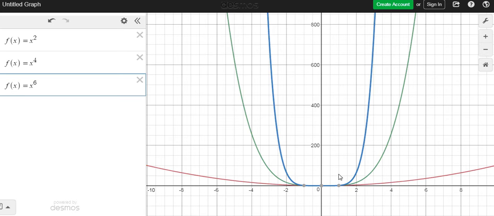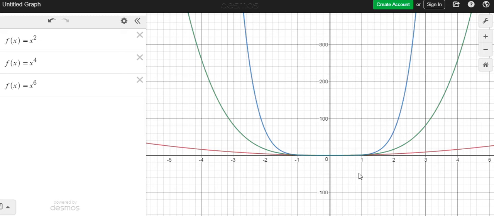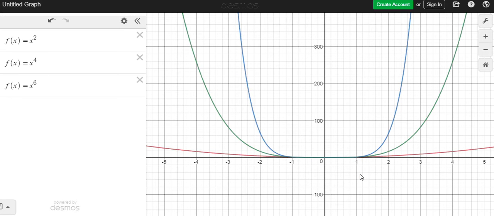So there's some weird behavior going on here. First of all, the blue looks flatter in the middle, right? But steeper outside. Well, they all look equally flat in this view, right? So let's zoom in. I want to show you, because it looks like x to the 6th goes up faster, right?